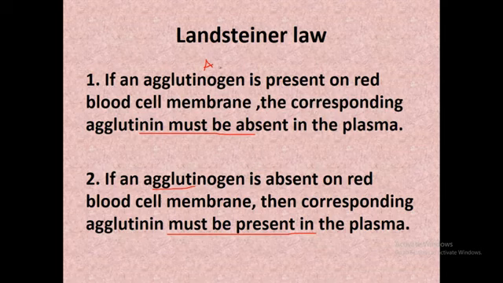If someone has blood group A, with antigen A on the surface of RBC, then the corresponding agglutinin anti-A must be absent in their plasma. So here agglutinogen A is present, so the corresponding agglutinin, anti-A, must be absent in their plasma.